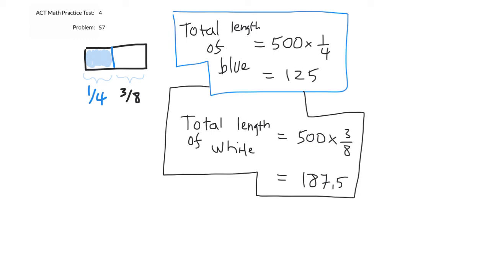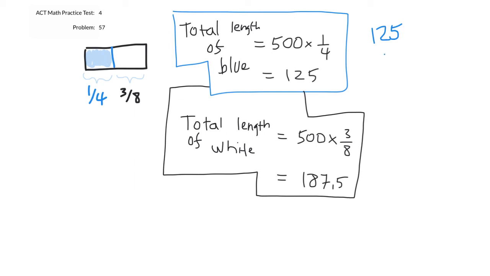So the question, at least for now, is, if what we need is 125 total yards of blue, and you are purchasing blue in 10-yard bolts, how many of those bolts would you need to purchase? Well, that would be 125 total yards divided by 10, because we need 125 total yards, and we're purchasing 10-yard bolts.